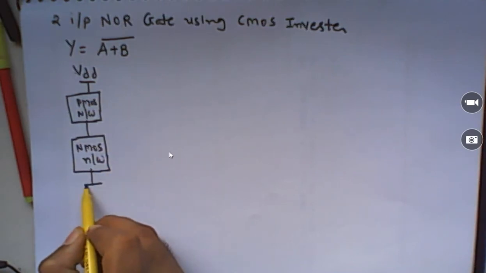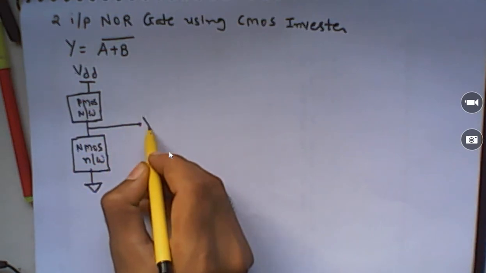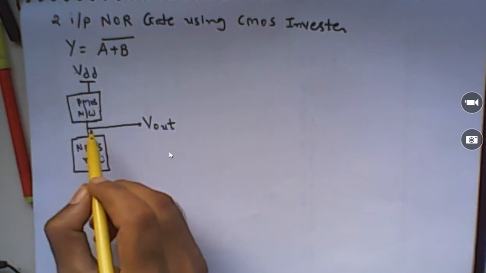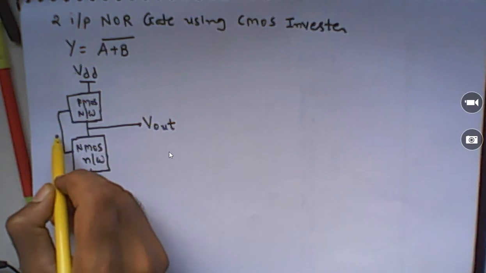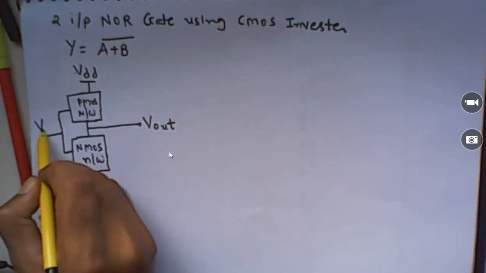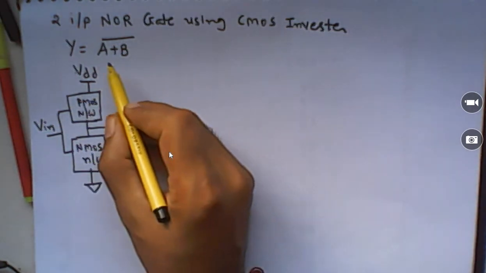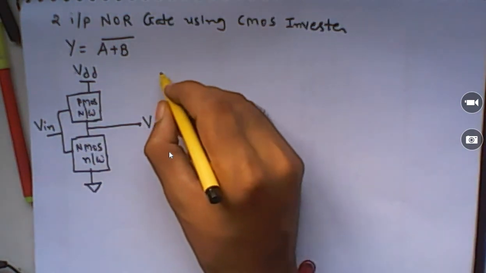The NMOS network is connected between the output and ground, and the PMOS network is connected between VDD and output, and the input is at the gate terminals of PMOS and NMOS. So this is the generalized structure of a CMOS circuit, right? CMOS implementation.